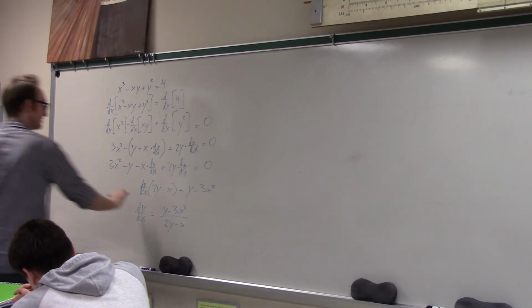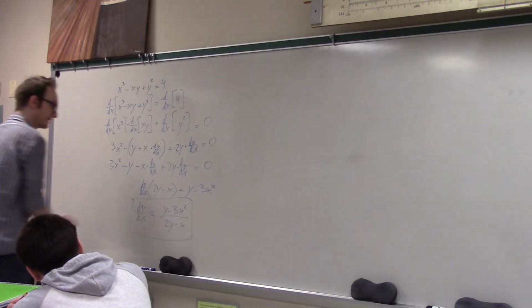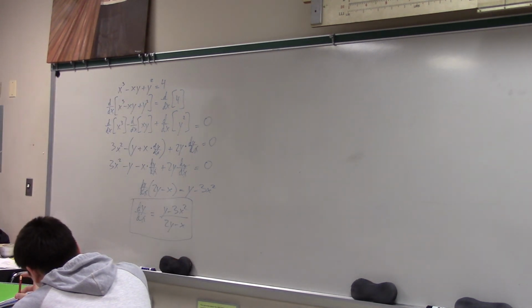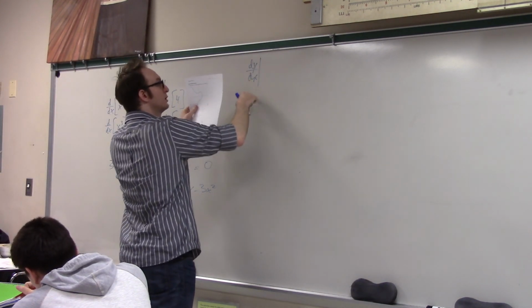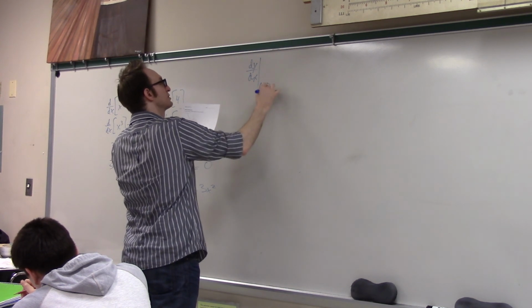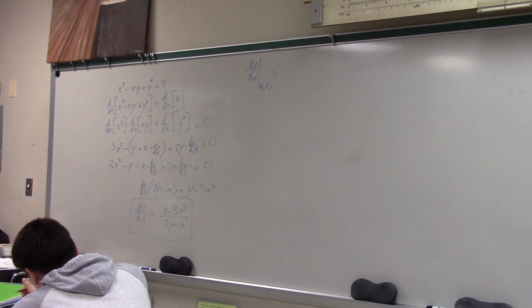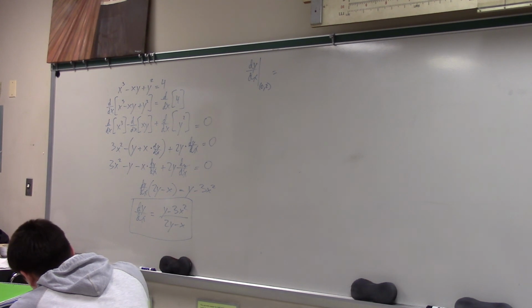Okay, and just to give this some concreteness, we can compute the derivative at the point 0, 2. What is the derivative at the point 0, 2? Plug in 0 for x and 2 for y.